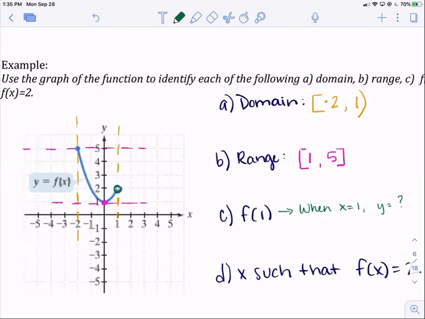You would think it's 2, but since it's an open circle, we don't include that value. So this actually does not exist. The only reason why is because of that open circle. If it was closed, then yes, the answer would be 2.